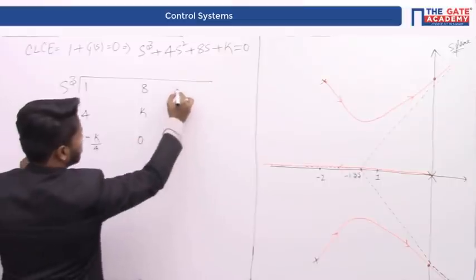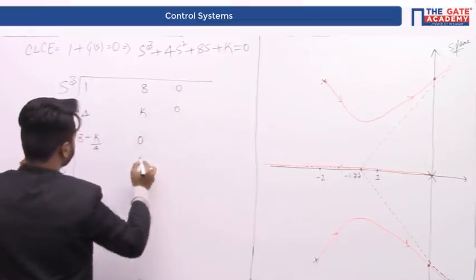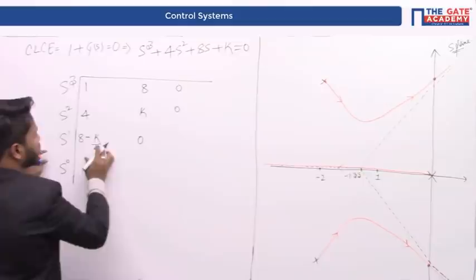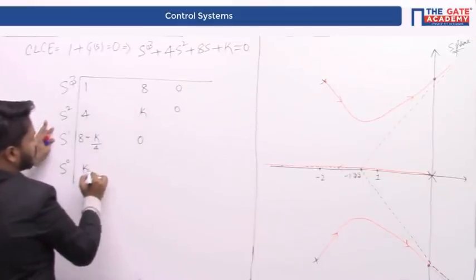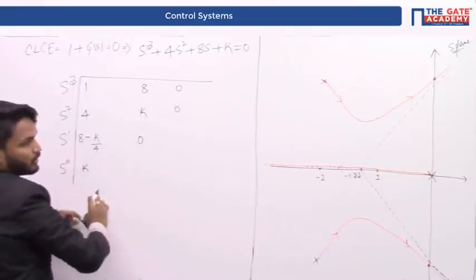And here it is 0 anyways. Here it is this into this minus this into this upon this particular value, so you will get K here.